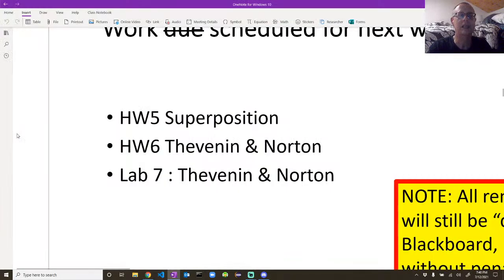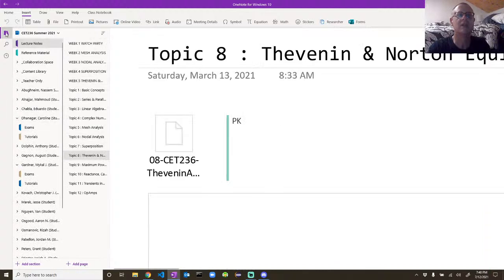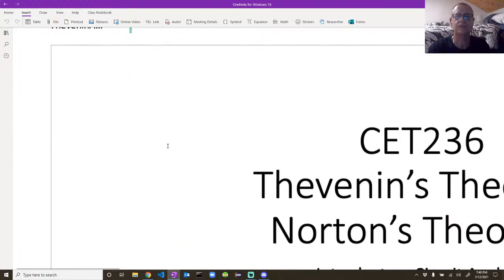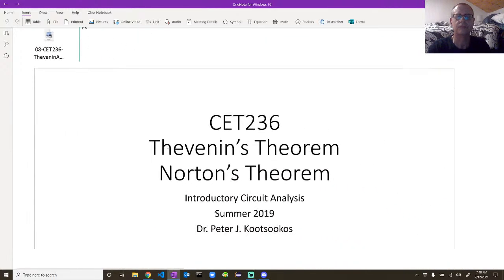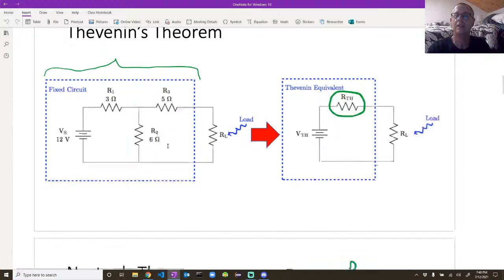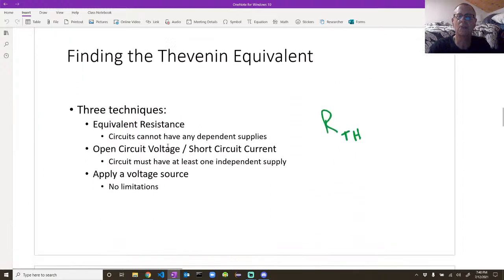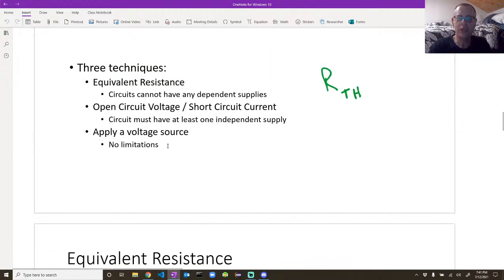Let me just quickly have a look at the slides for that topic. Right, that's Thevenin's theorem. Remember that the Norton resistance is equal to the Thevenin resistance. And the tricky bit is these three techniques only give you the Thevenin resistance.